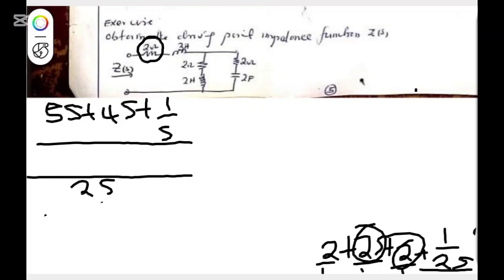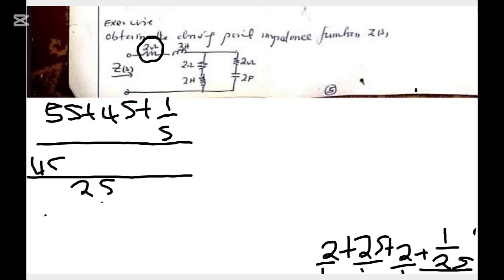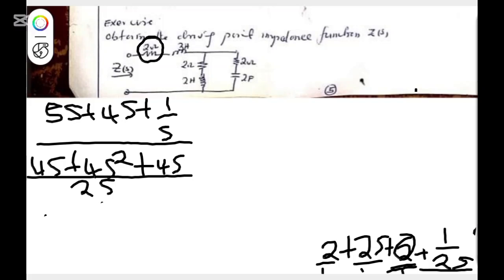So it will become 2S multiplied by 2, I'll get 4S, and also plus 2S multiplied by 2S, I will have 4S squared, also plus 2S multiplied by 2, I'll get 4S, plus 2S into this 2S, which gives 1 multiplied by this 1, I'll get only 1.